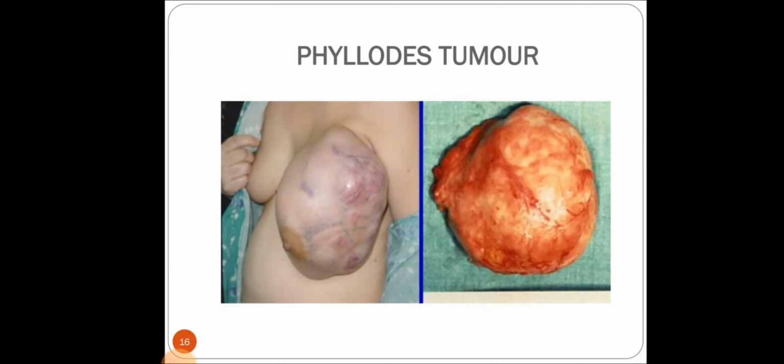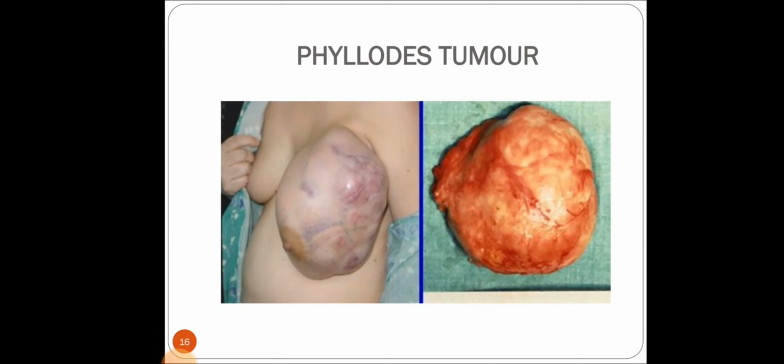Clinical feature, when we see, it is more common in 30 to 50 years. Usually it will be unilateral. Most of the cases it will be unilateral, and it will be having a bosselated surface, that enlarged surface. The swelling will be smooth, soft, non-tender, fluctuant with necrosis of skin due to pressure.